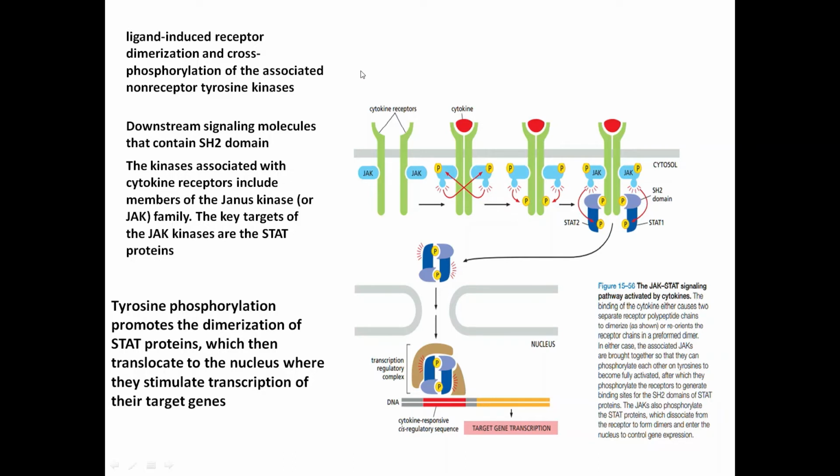The key target of the JAK kinase are the STAT proteins, and this JAK kinase will further phosphorylate the receptor. As you can see, this blue structure of protein, which is known as JAK, will bind to the phosphotyrosine site, and this will activate each other and also activate the receptor further downstream by adding phosphate to the receptor.